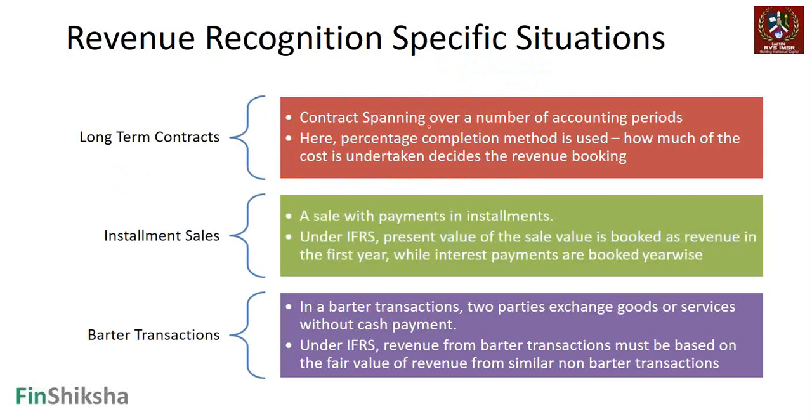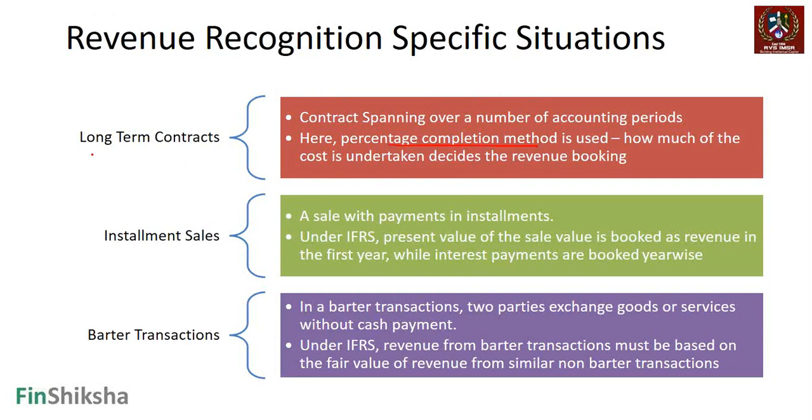Long-term contracts are contracts spanning a number of accounting periods, as we looked at in the example of L&T. Here, the percentage completion method is used, and how much cost is undertaken decides the revenue booking. So take the example of the L&T airport.